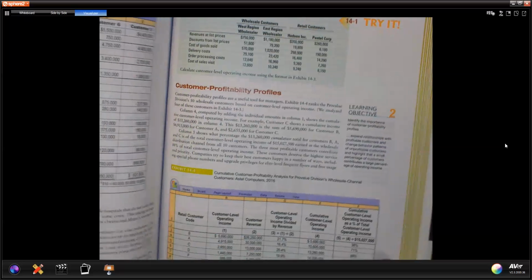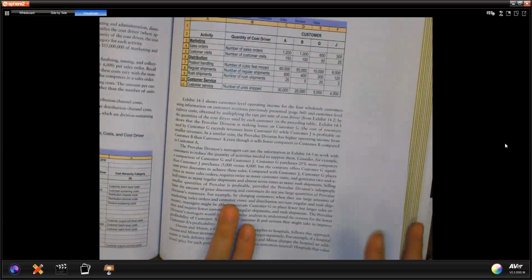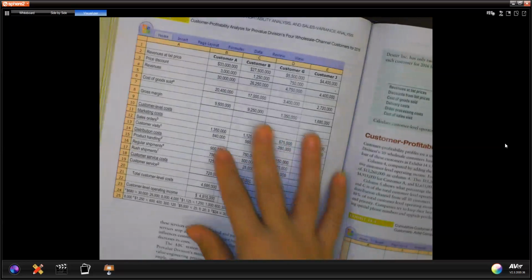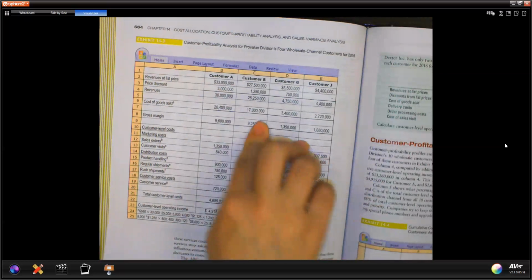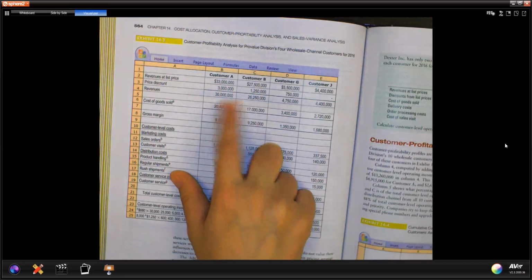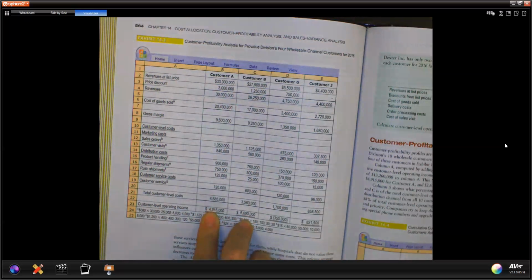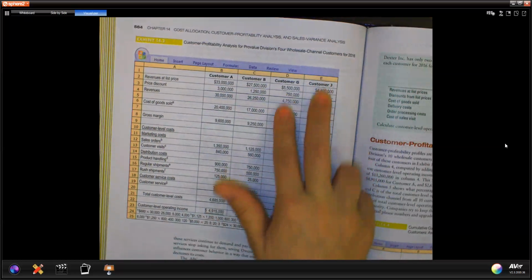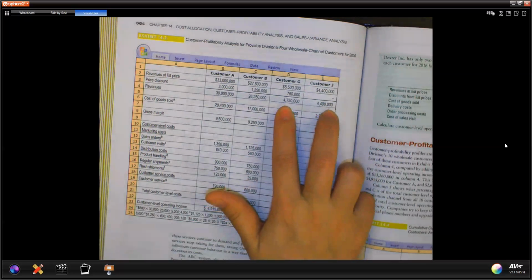Okay, so read this paragraph, but based on this table, Exhibit 14-3, you can find out that customer A and customer B have a similar revenue, but also similar operating income, right? But for the next 2 customers, they have similar revenue around 4.5 million.